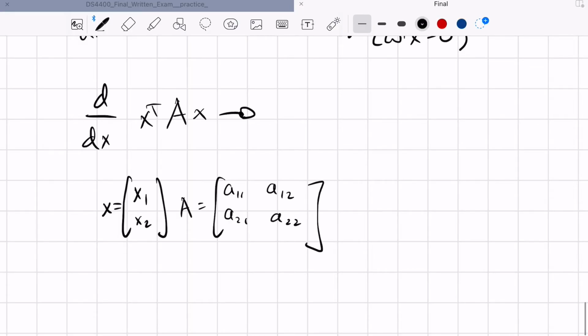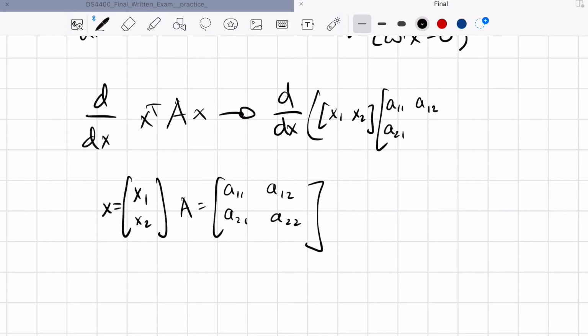Writing this out, this becomes d/dx of, we're going to transpose it, so x1, x2, a11, a12, a21, and then x1, x2.